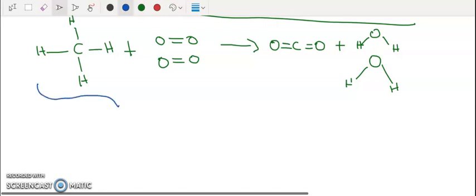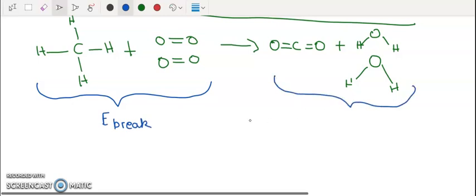this side as the energy to break, and we're going to consider this side the energy to make.